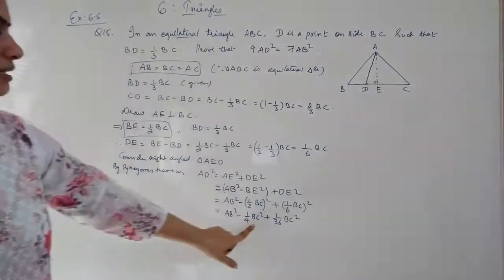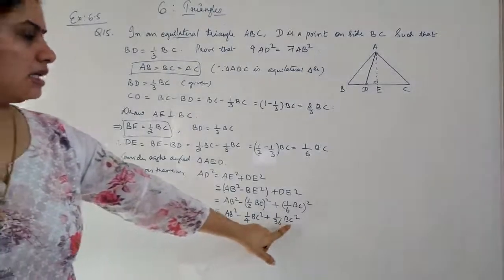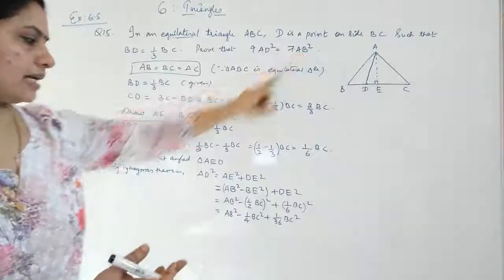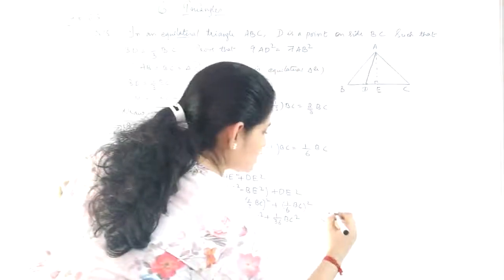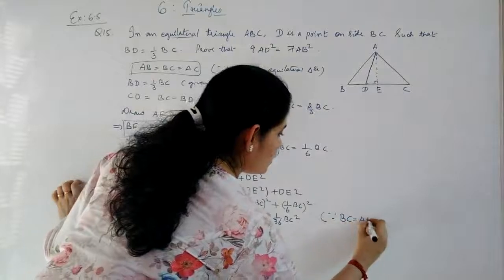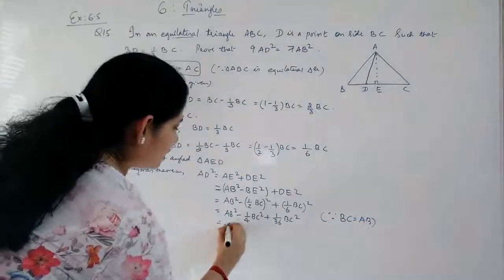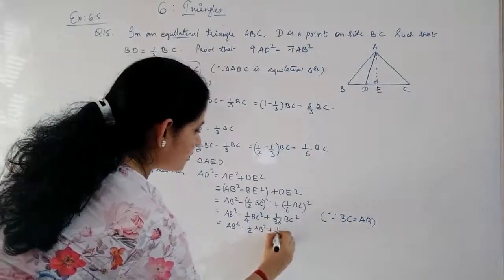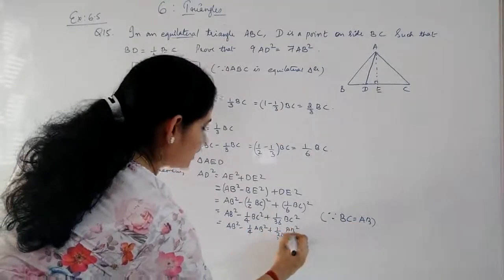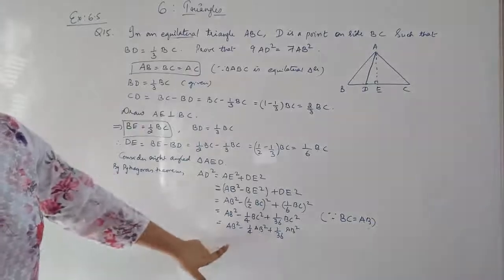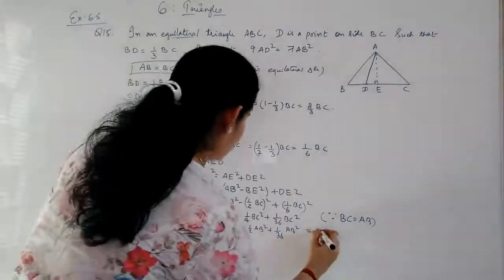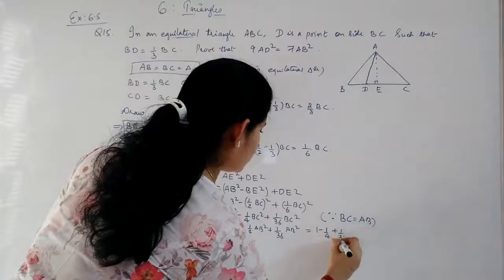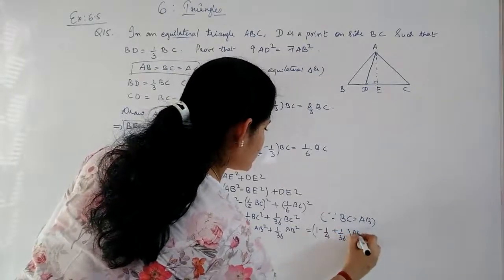Now we are replacing this BC with AB because in your answer you have only AB on the right hand side. Since BC is equal to AB, we replace it. AB square minus 1 by 4 AB square plus 1 by 36 AB square. Now you can take out that AB square, which will give you 1 minus 1 by 4 plus 1 by 36 of AB square.